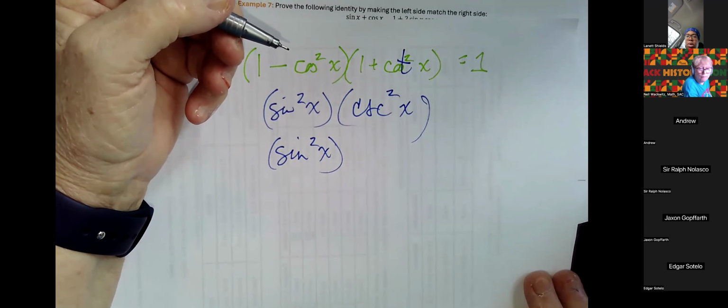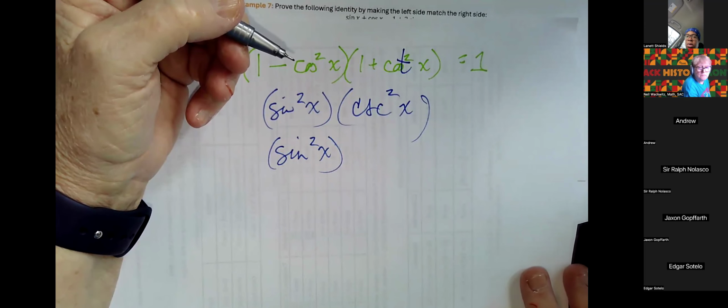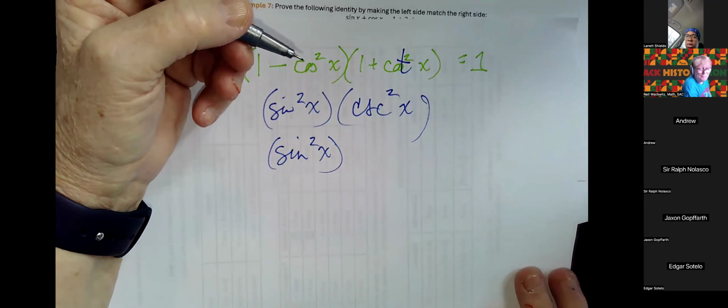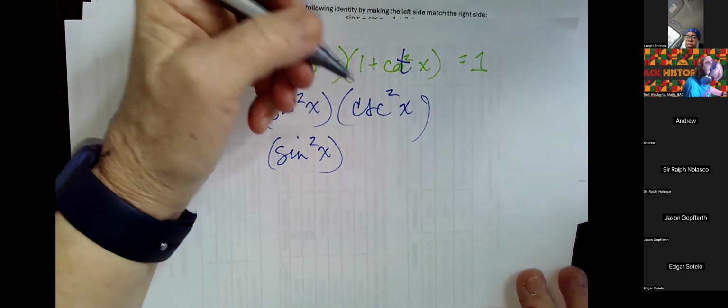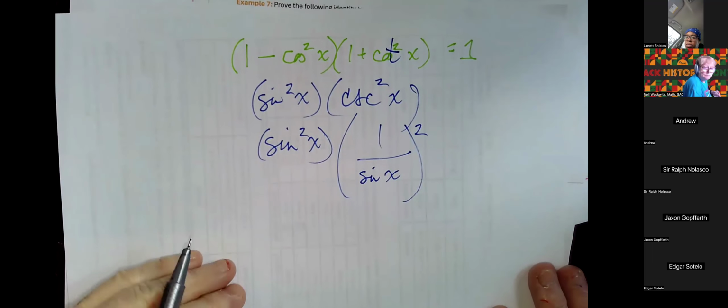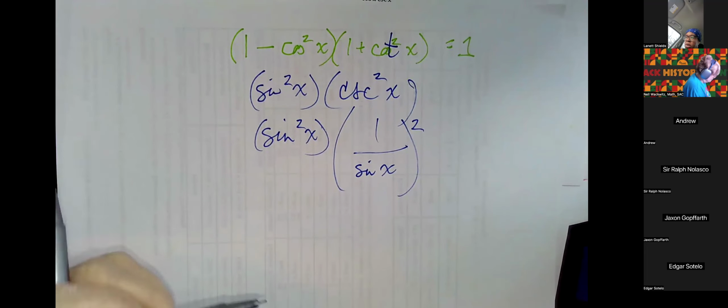If it's cosecant squared x, can we split it into a fraction then? Yes. Cosecant will be 1 over sine, all in the square. So that means we can simplify it by dividing.